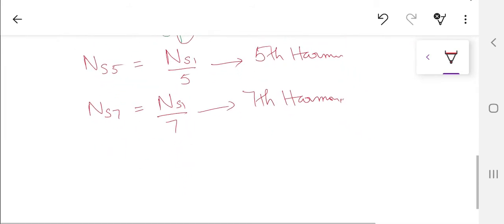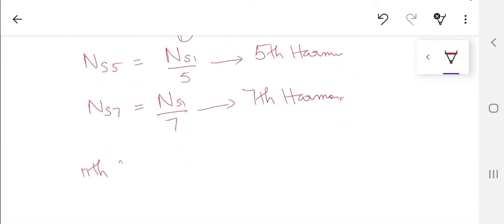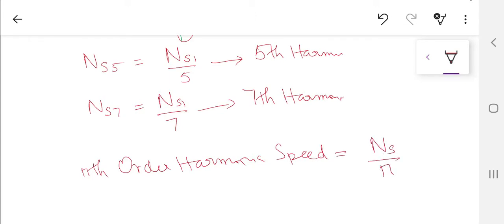Generically, if I am interested in the nth order harmonic speed, that is going to be equal to Ns by n. So if I want to find the speed of the nth order harmonic, it will be equal to Ns by n.